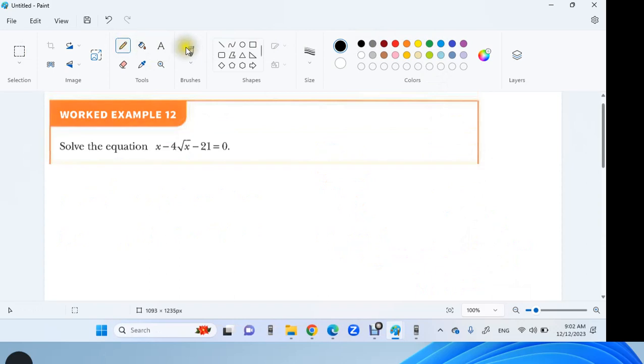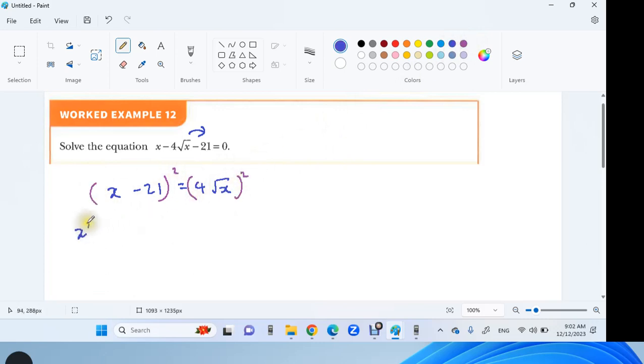So for that method, some students say we move this to the other side. Then we have x minus 21 is equal to 4 square root x. After that, we square both sides.